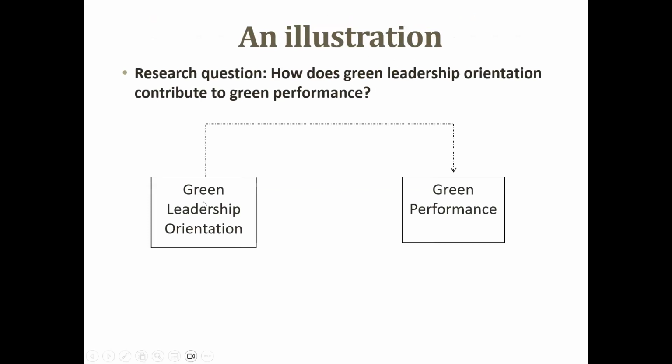So here we have two concepts. It means we have two definitions to make: green leadership orientation and green performance. For each, we are supposed to develop measures or items or indicators that we can use to empirically capture the construct. We administer our questionnaire and obtain our data, which are the responses on these two constructs.